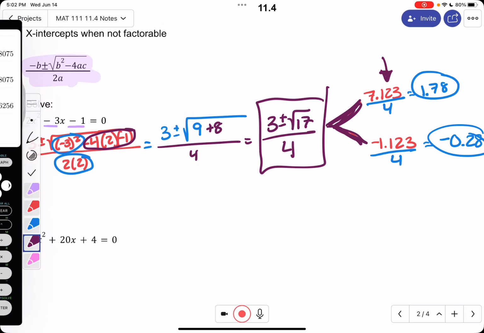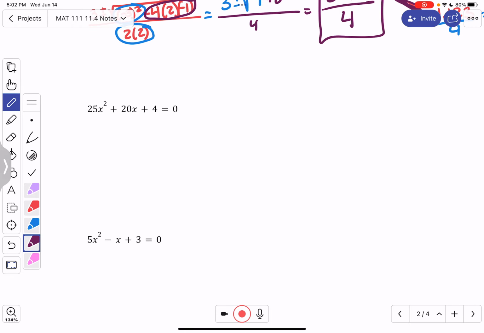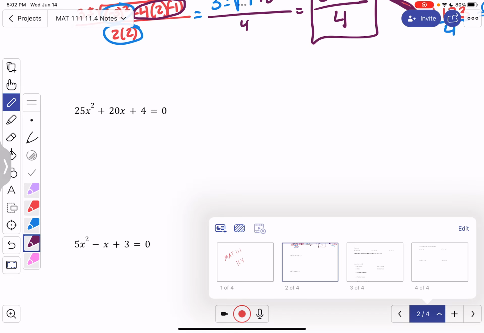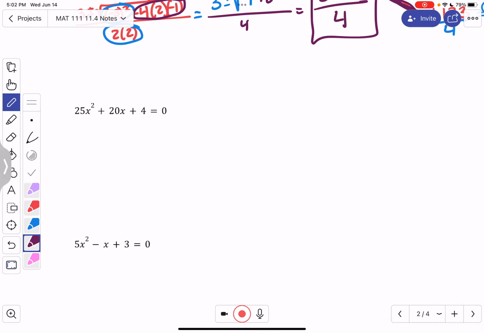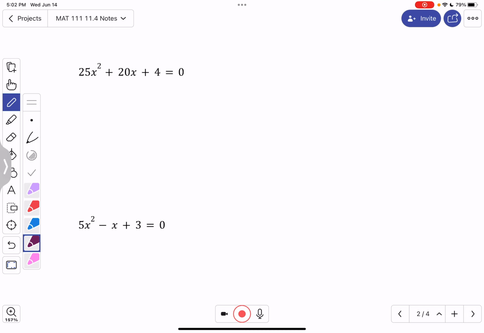So here are 2 more. Try them if you want or watch me. It's up to you. All right, this one. Negative b plus or minus b squared minus 4ac all over 2a.